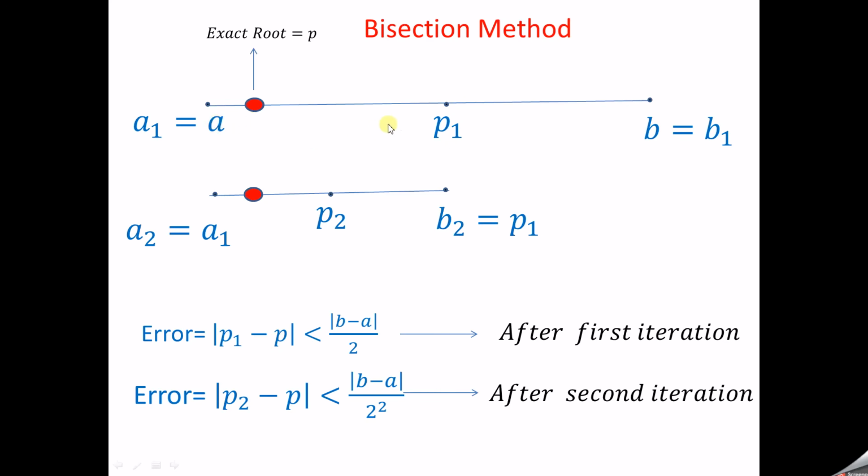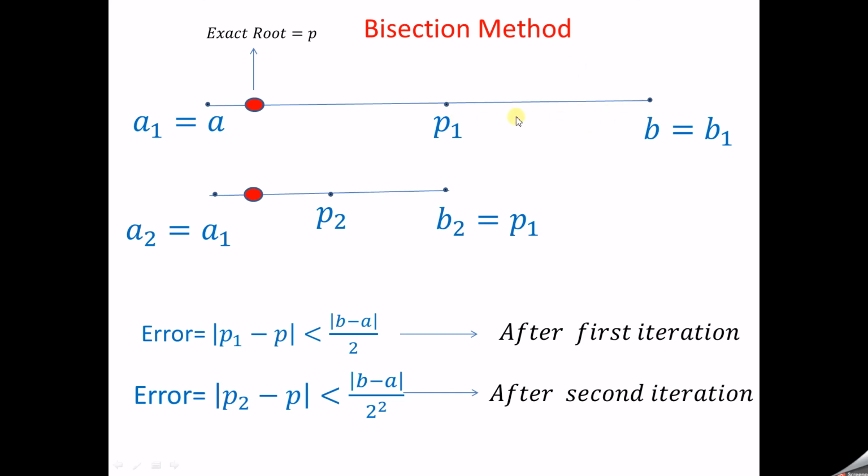Now P is the root, and the difference between the exact root and the approximation cannot be more than half of this total length. The total length of this interval is B minus A. Because we have taken the midpoint as P1, half of the length is discarded.